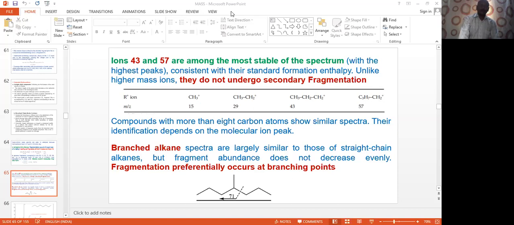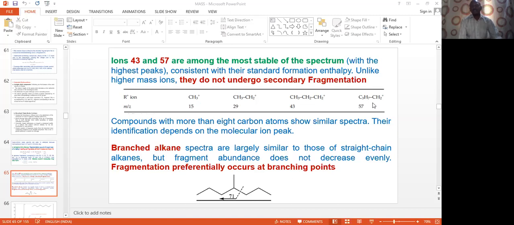CH3 represents m/z value 29, but mostly you will find 43 and 57 in the mass spectrum of straight chain alkanes, because these two ions are stable and may not undergo secondary fragmentation.